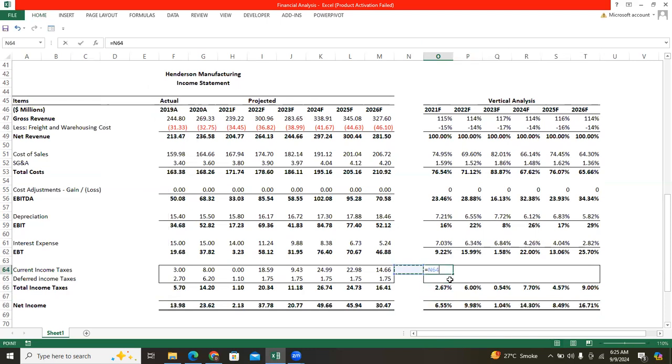And then we have some current taxes working. Lastly, looking toward my deferred taxes. And yes, I've got to see my net revenues.